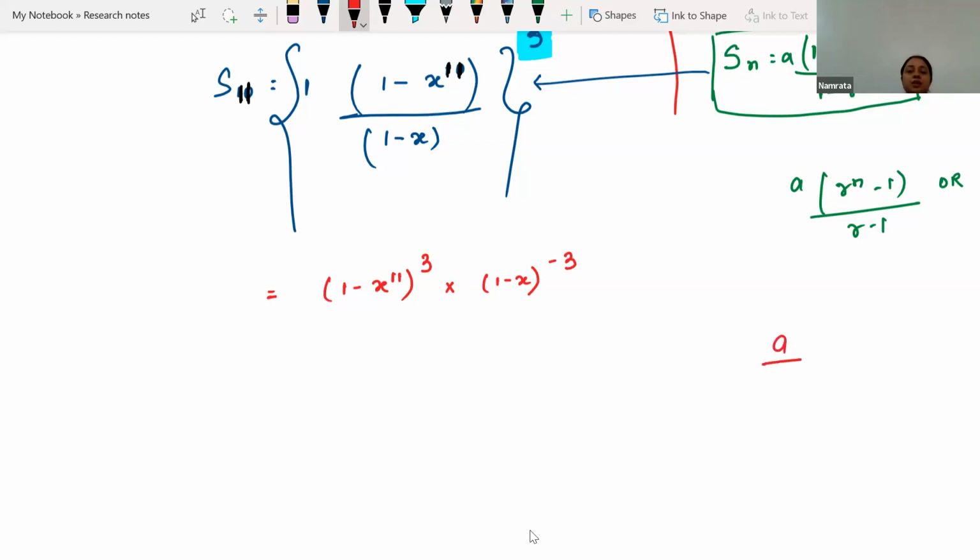Just like a by b to the power 3 will be a to the power 3 by b to the power 3. This b to the power 3, if you bring it to the numerator, it will be a to the power 3 into b to the power minus 3. Yes or no? So let's write it. This is having minus 3.